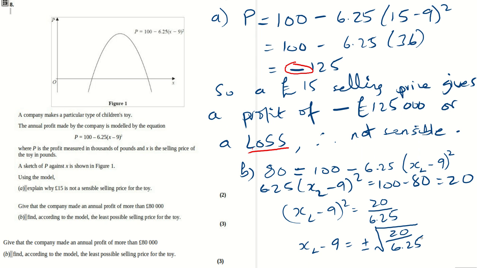Now, be careful. We need to have both the plus or the minus here, because we're going to get x equals 9 plus or minus the square root of 20 over 6.25. Now, because we want the least selling price, we're going to get it by doing 9 subtract the square root of 20 over 6.25.